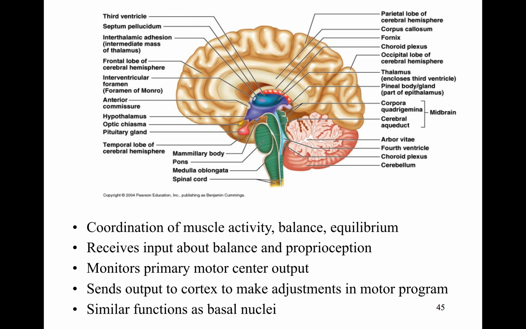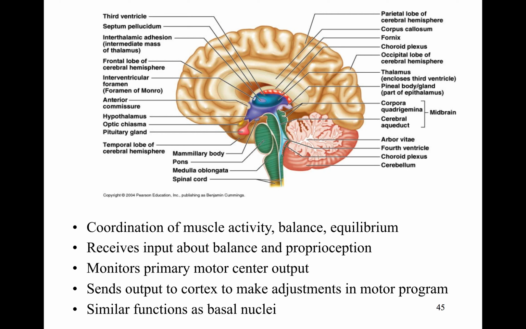It's going to receive information about balance as well as our body's position in space. It's going to take that information and integrate it with the motor output, or the motor plan, so it can properly coordinate movements and make adjustments in movements prior to that motor output being sent to effector organs.